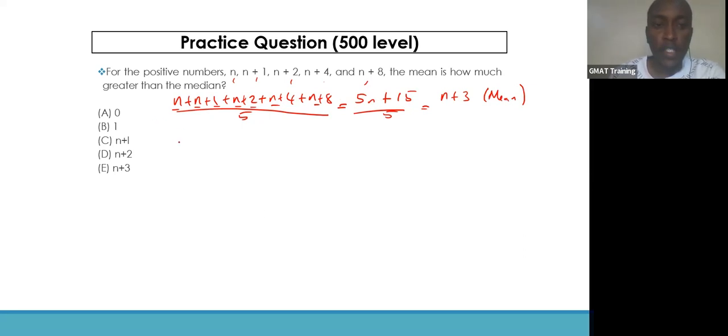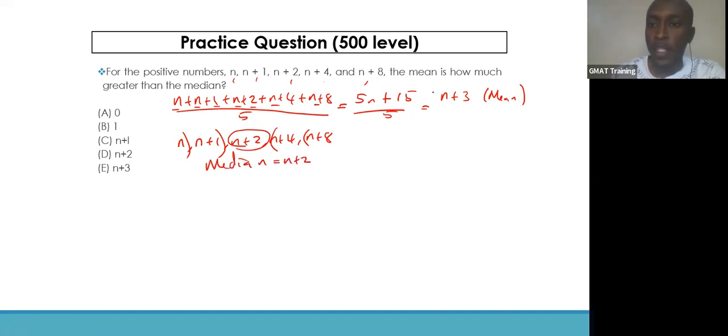Arrange this in ascending order. That's n plus 1, n plus 2, n plus 4, and n plus 8. What's the middle value? Since these are positive numbers, this is ordered in ascending order. Take out the outer values, then another outer value, and have this as the median. So our median equals n plus 2.